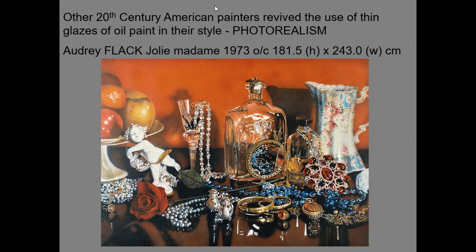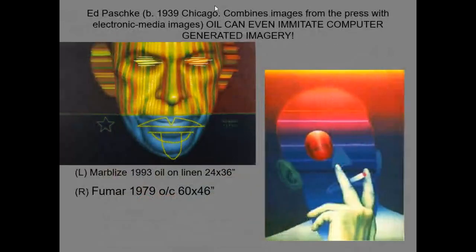There are plenty of other ways of expressing yourself and of using your materials, and following that abstract expressionist movement of the mid-century, the 1950s, into the 1970s, we had artists who were increasingly interested in using oil paint to make things imitate reality as perfectly as possible, creating what almost look like photographs, as is the case here with the brilliant Audrey Flack. She's known as a photorealist because her paintings look so much like the real world, they look like photographs, and that was done with oil paint.